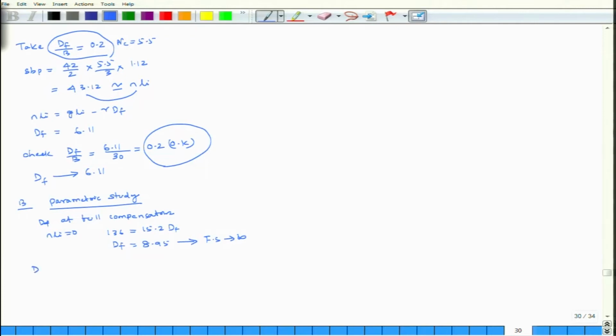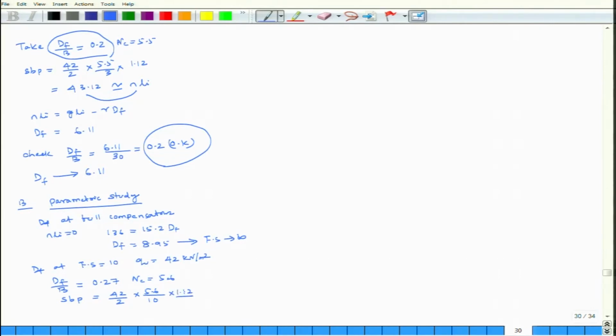Now the depth of the foundation at factor of safety equal to 10 and qu equal to 42 kilonewton per meter square. Then you have to find it out. Assume df by B is equal to 0.27, Nc is equal to 5.6, then soil bearing pressure SBP is equal to 42 by 2 into 5.6 by 10 into 1.12.